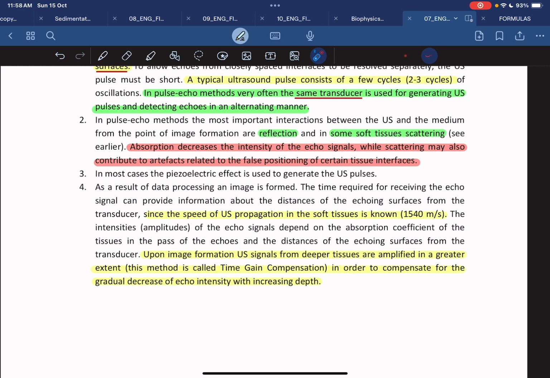To compensate, the later the ultrasound comes back to the transducer, the more it is amplified, because we know the more time it takes to come back, the more it has lost its energy, or its intensity. So the transducer amplifies that last ray coming late a little bit more to get a more accurate image. Understand what I'm trying to say?